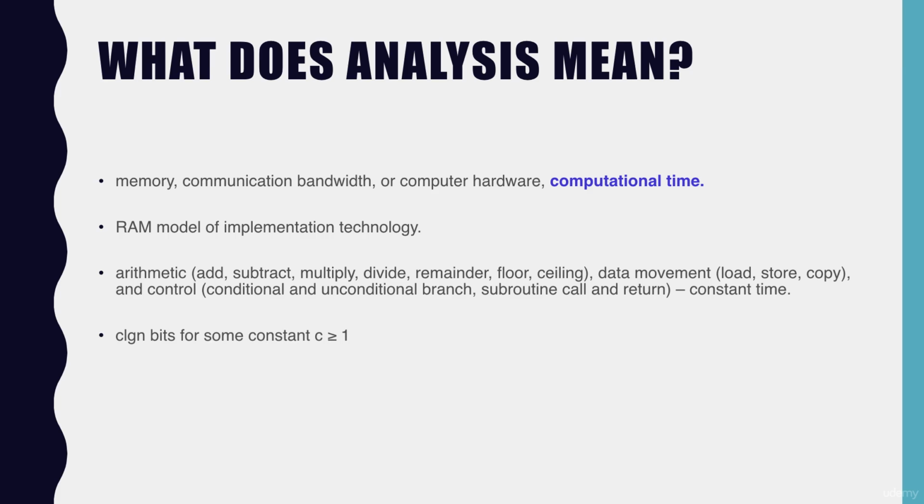When working with inputs of size n, we typically assume that integers are represented by c log n bits for some constant c greater than or equal to 1. We require c greater than or equal to 1 so that each word can hold the value of n, enabling us to index the individual input elements, and we restrict c to be a constant so that the word size does not grow arbitrarily.